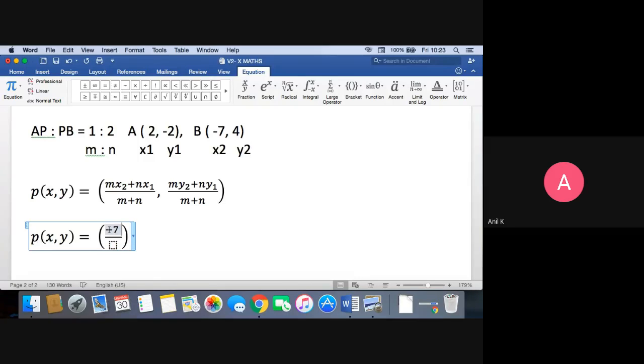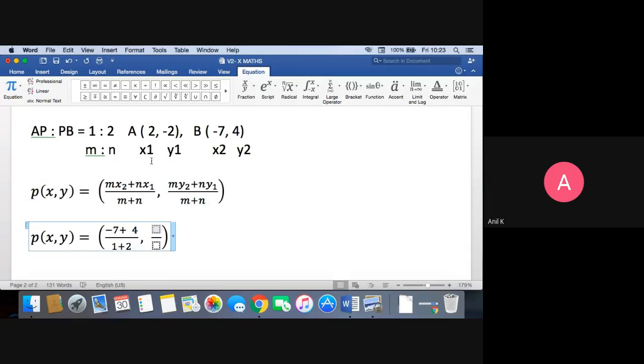That is m x2 plus n x1. n is 2, x1 is 2, so 2 into 4 upon m plus n, that is 1 plus 2, comma. Let me go for the next ratio.